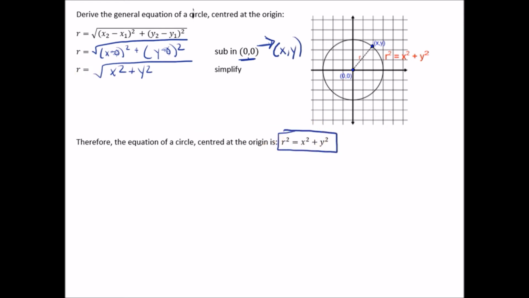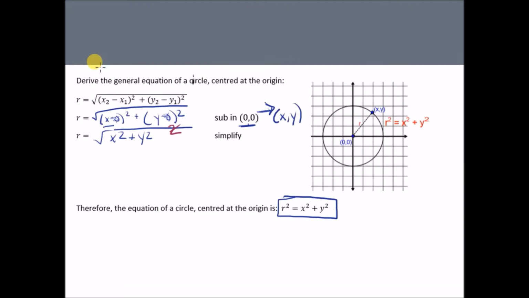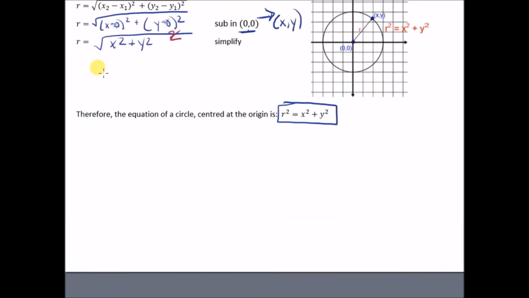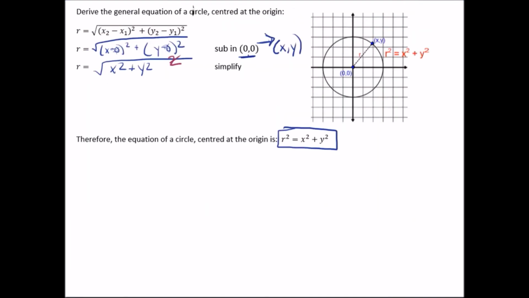If we take a look back here, if we square both sides, this squared would make this root go away, and this squared would be left there. So it would be r squared equals, and because that square and that root are gone, that's where we get the formula from. So that's our equation of a circle.